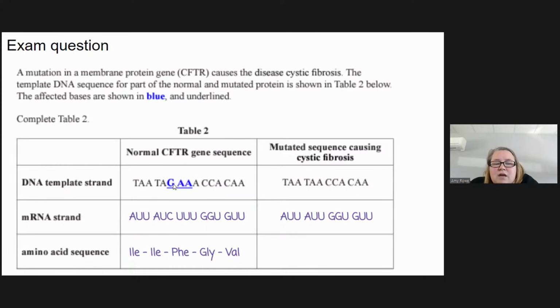Because 3 bases have been deleted, 3 is our magic number, rather than causing a reading frame shift, all that's happened is those have been deleted and everything has shifted up that way. Okay, so our amino acid sequence is isoleucine, glycine, and valine. So there is 1 amino acid that has been deleted.